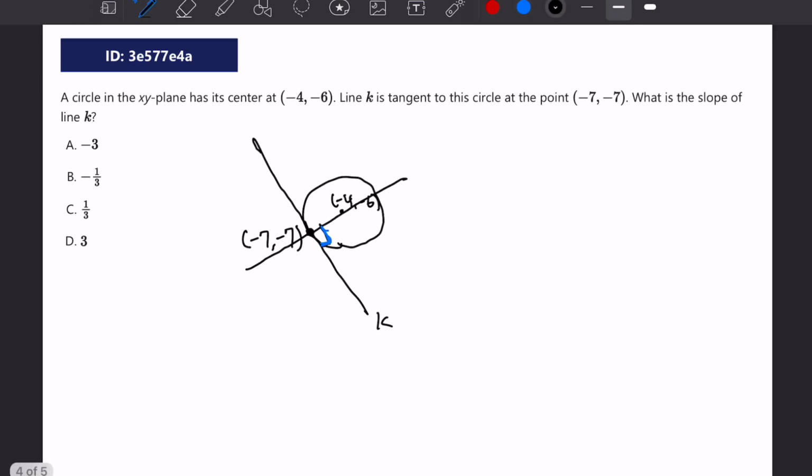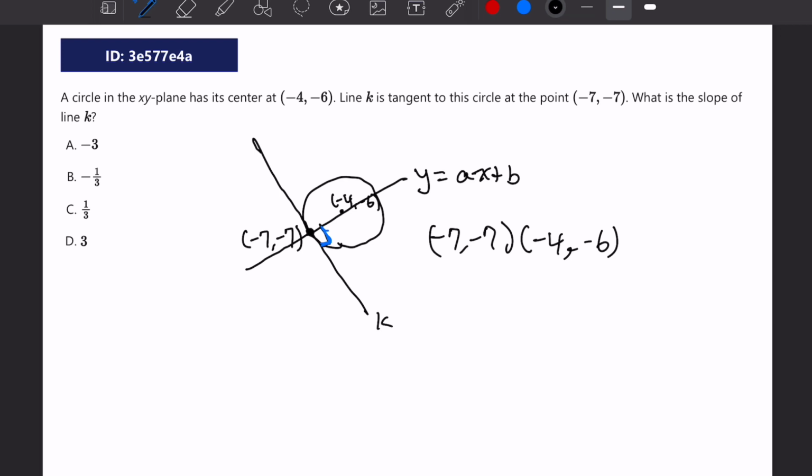So if we first find the line of this, y equals ax plus b, this line crosses -7, -7 and -4, -6. So if we find the slope of this, it would be the change of y over change of x.